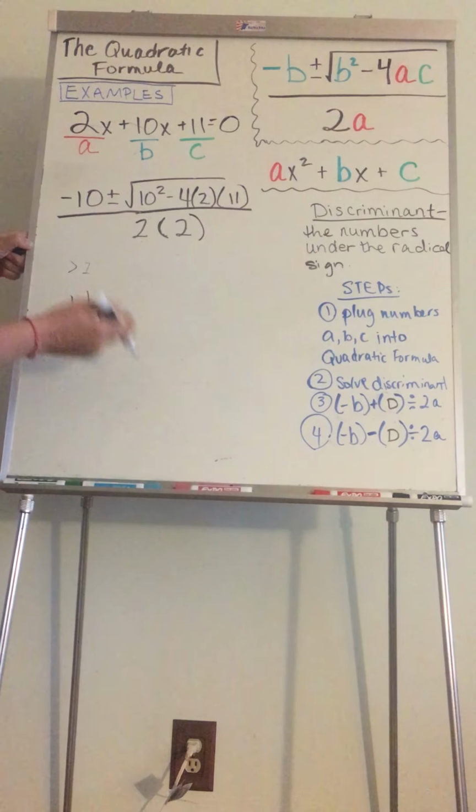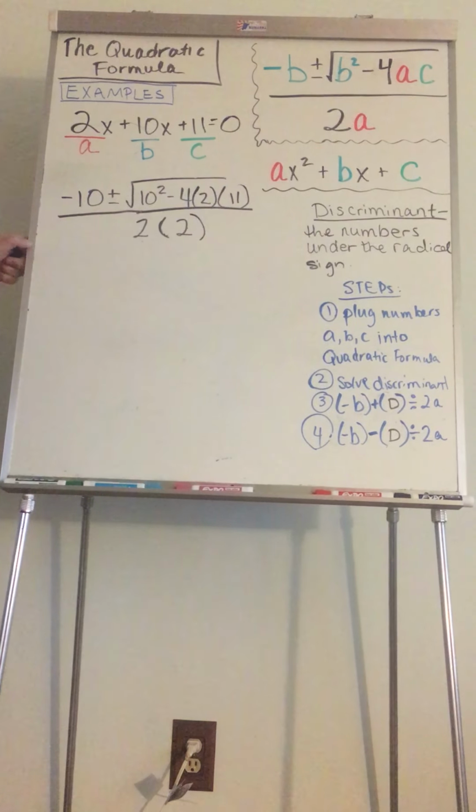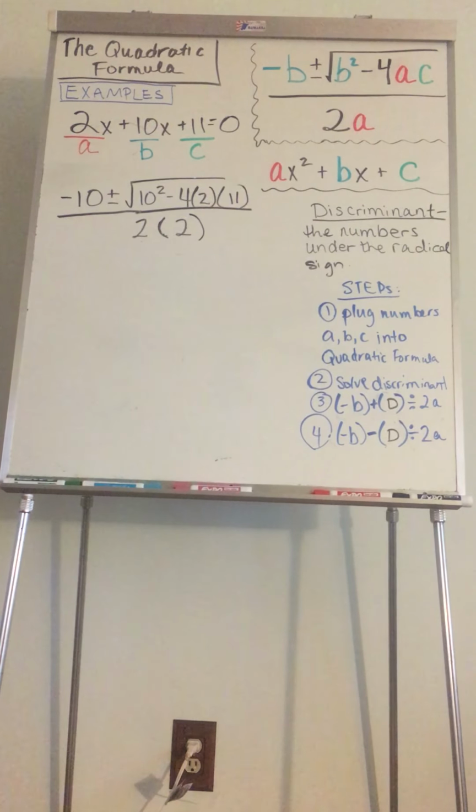Okay? All right. So basically what you do is you determine what is a, b, and c, and you plug those numbers into the quadratic formula. You solve the discriminant portion, which is the portion underneath the radical sign, okay? Then you create 2 problems, and the reason you create 2 problems is because you see a plus and a minus sign here.